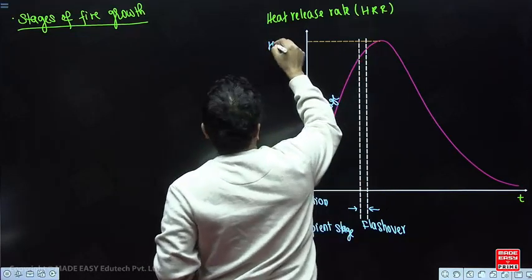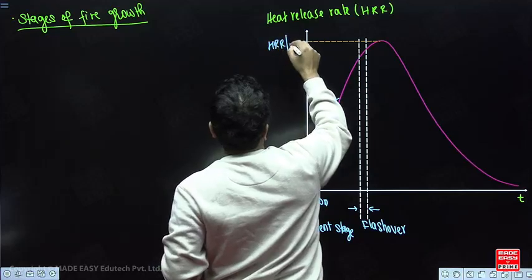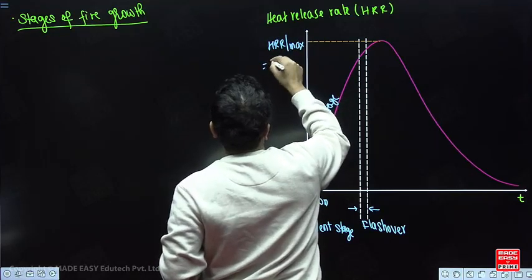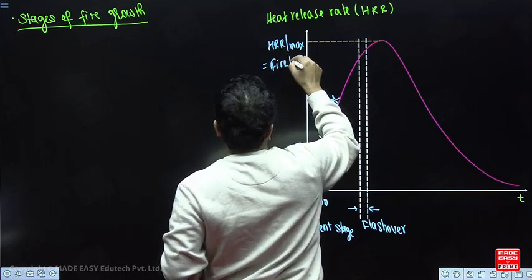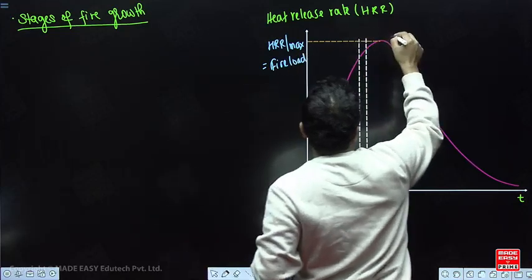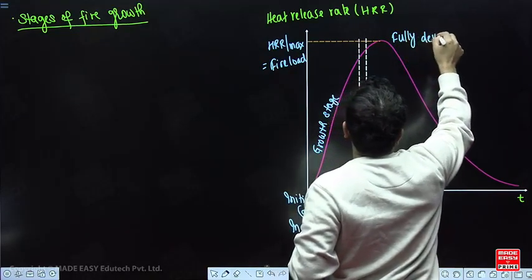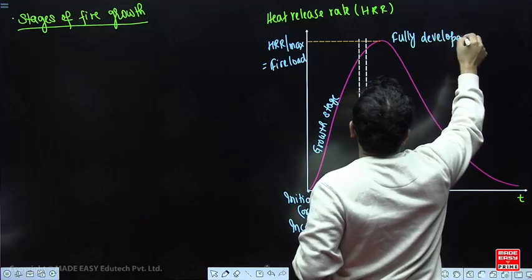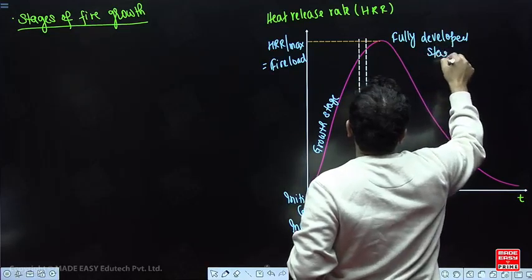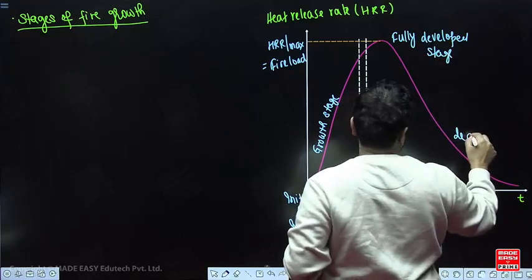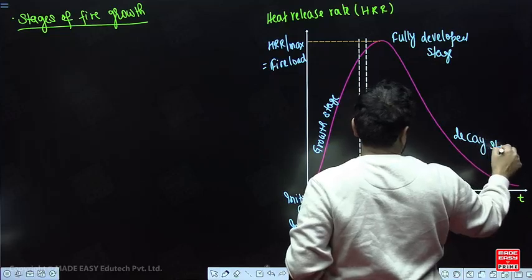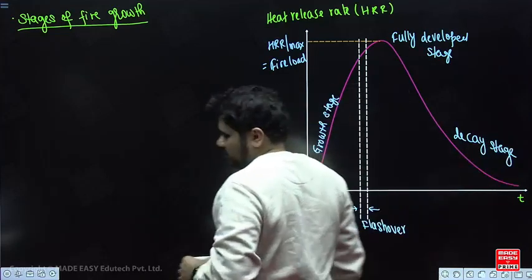This is your HRR max, which is also known as fire load. So this is called as fully developed stage. And this is called as decay stage. So there are 4 stages of fire growth. So just note it down.